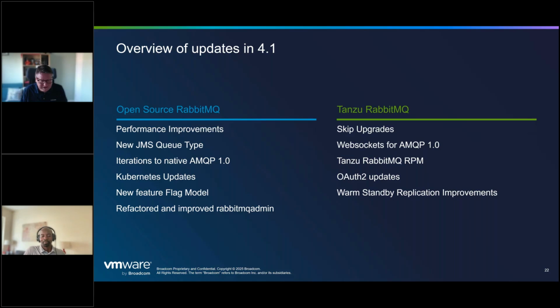If you're running 3.13, you can go straight to 4.1. And as we go forward, when we release 4.2 later on this year, you'll be able to upgrade from 3.13 to 4.2. That's the plan, and that's underpinned with this new feature flag model.